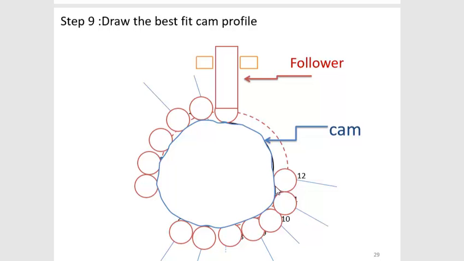Similarly, whatever radius is at this point, the same radius will be followed up to this point, because this region and this region are the dwell regions. But for the forward stroke it will rise, and for the return stroke it will again come down. In this way I will get my cam profile, and this is the follower.